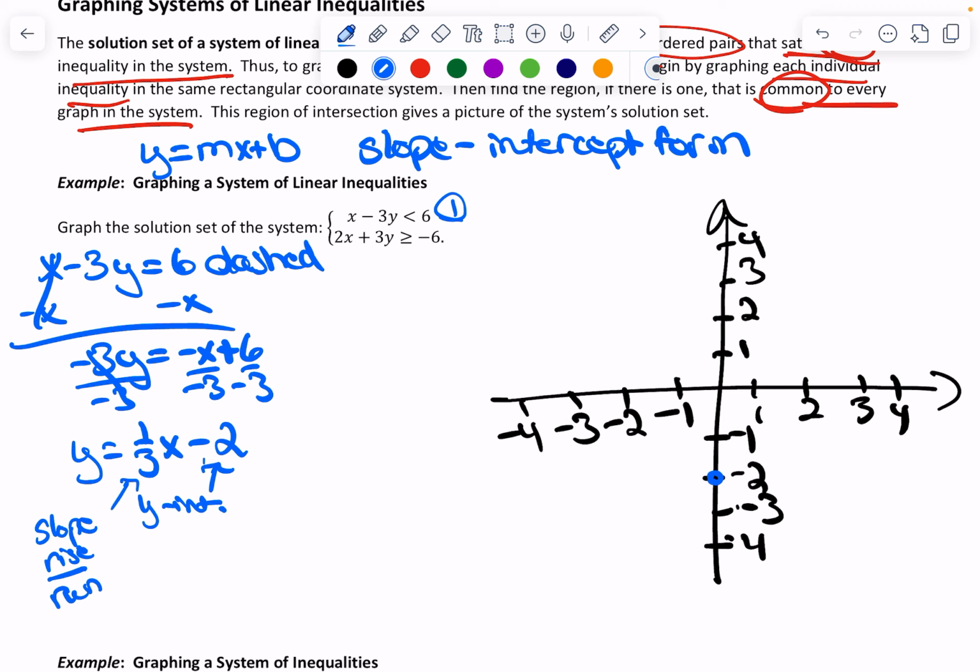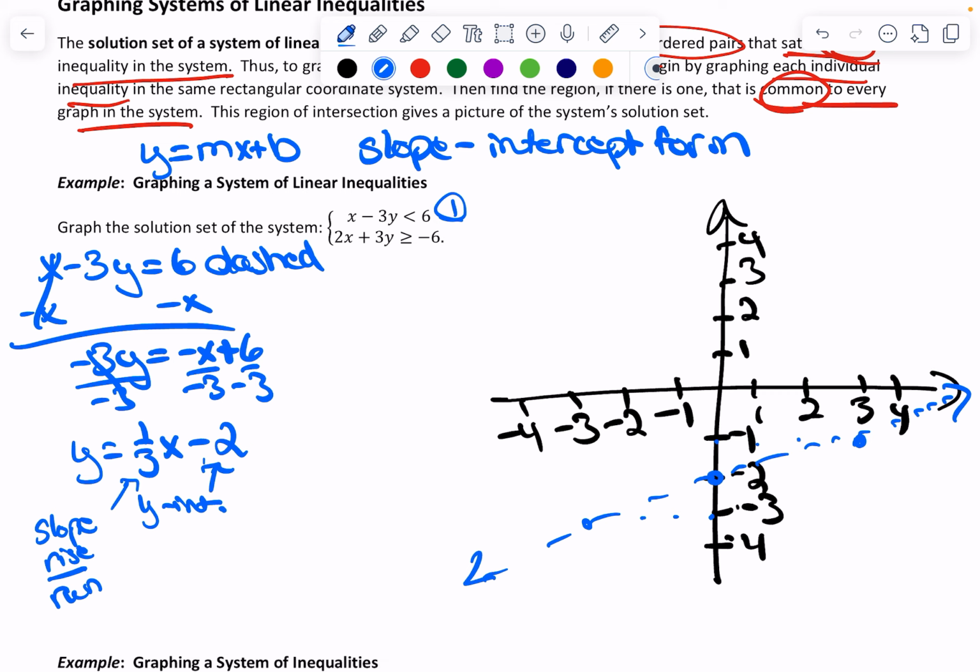So I'm going to go 1 up and 1, 2, 3 to the right. Or I'm going to go 1 down and 1, 2, 3 to the left, right here. And now I'm going to graph the dashed line here like this.